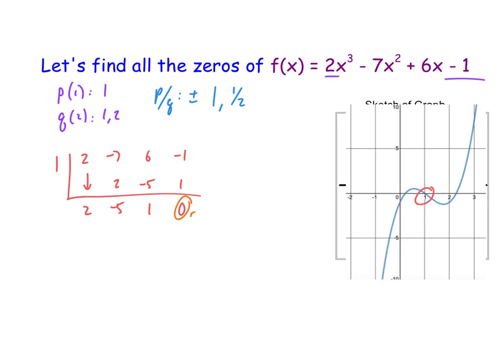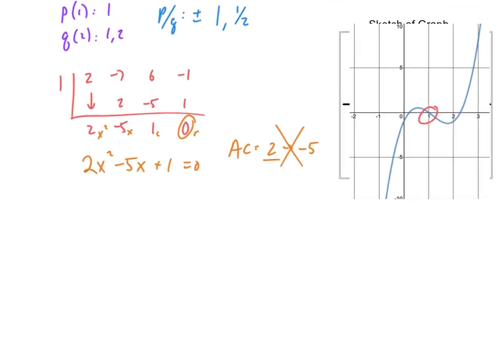So there's my remainder, my constant, my x squared. So 2x squared minus 5x plus 1 equals 0. That would give us an AC of 2. Factors of 2 that add to -5? Definitely not. So we're going to go quadratic on this.